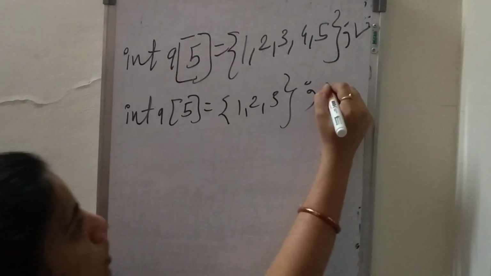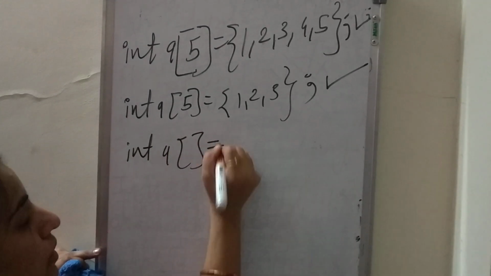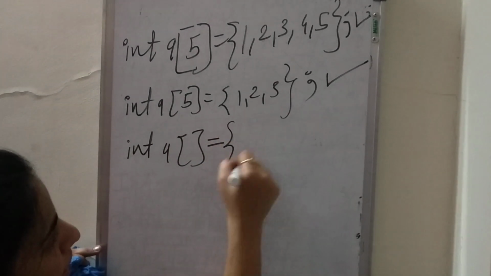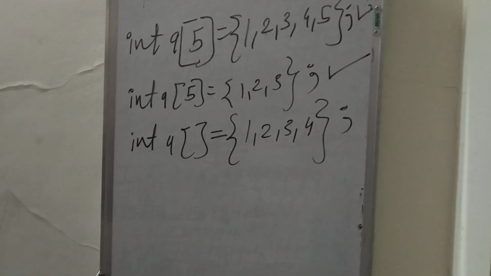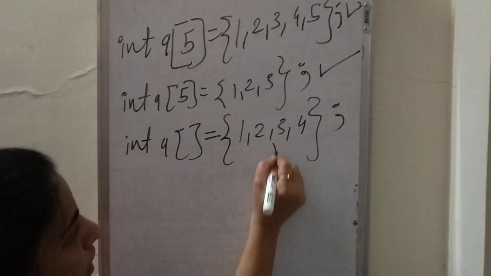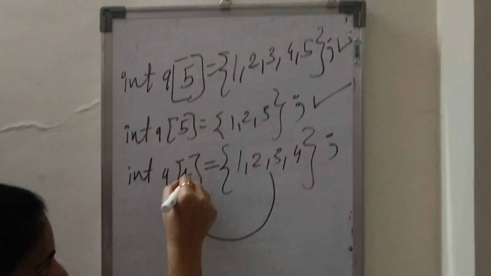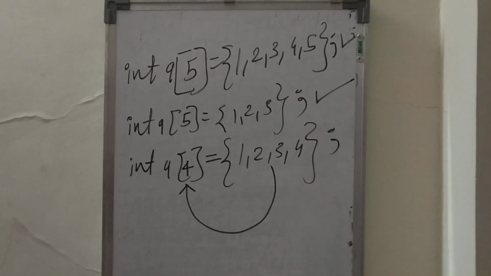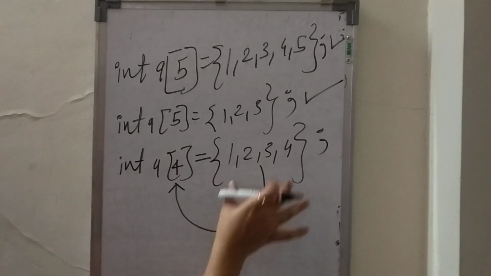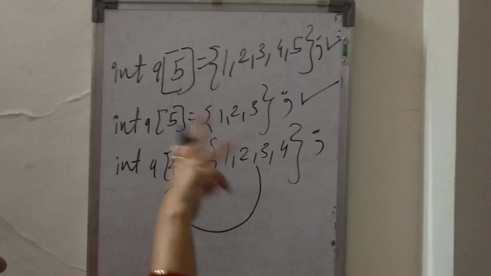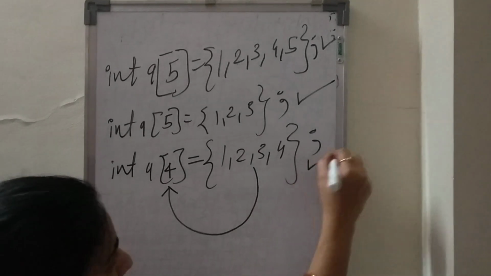This is also correct. Even I can keep this empty and take only elements. So what will compiler do in this case? It will read how many elements are here. So here 4 elements are. So it will give 4 to this particular array. So the size of this array is now 4. So backtracking method, how many elements are there, accordingly the size is allocated to this array variable. So this is also correct.